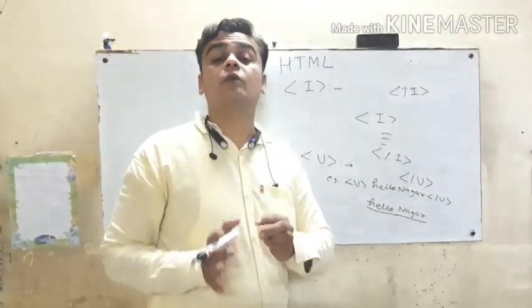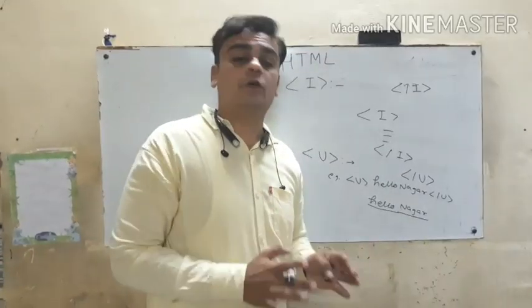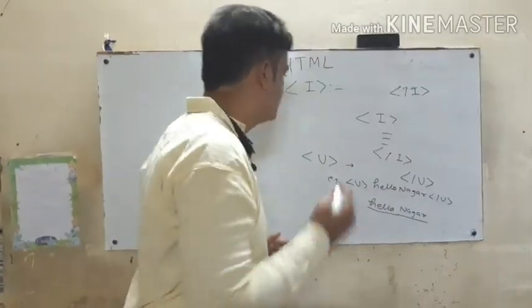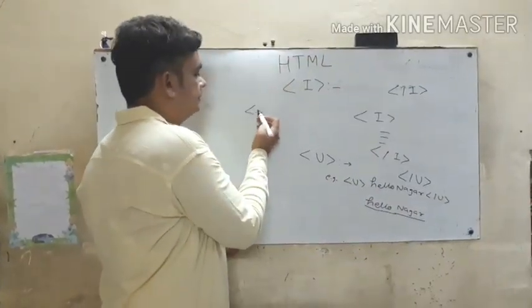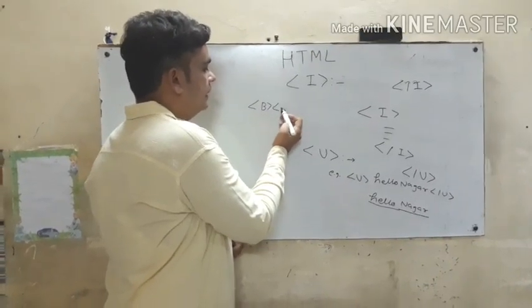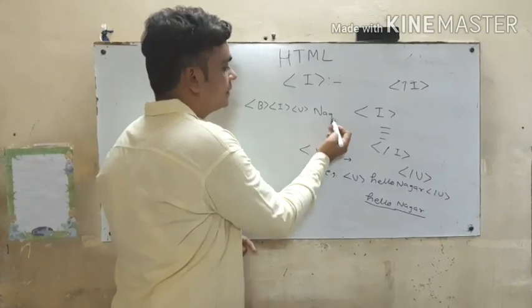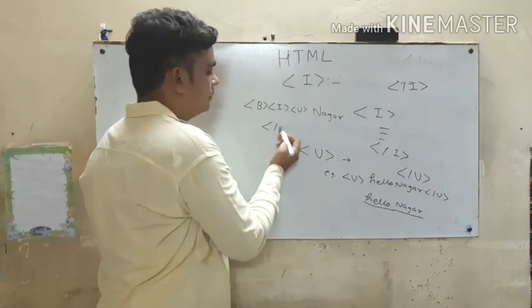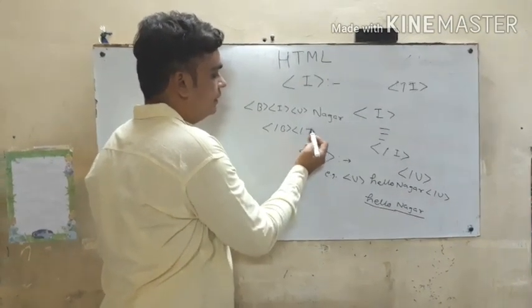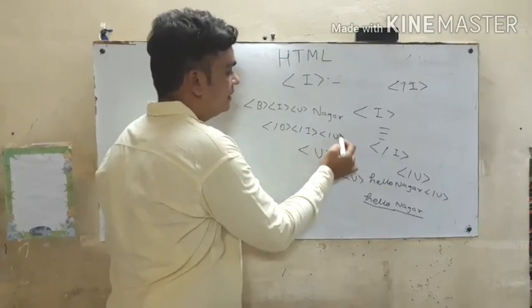And we can also provide combined effect to the given text. Means suppose I am going to write down like this, B tag, then I tag, then U tag, and suppose this is my text, Nagar, and suppose here I am writing like this, /B, /I, and /U.